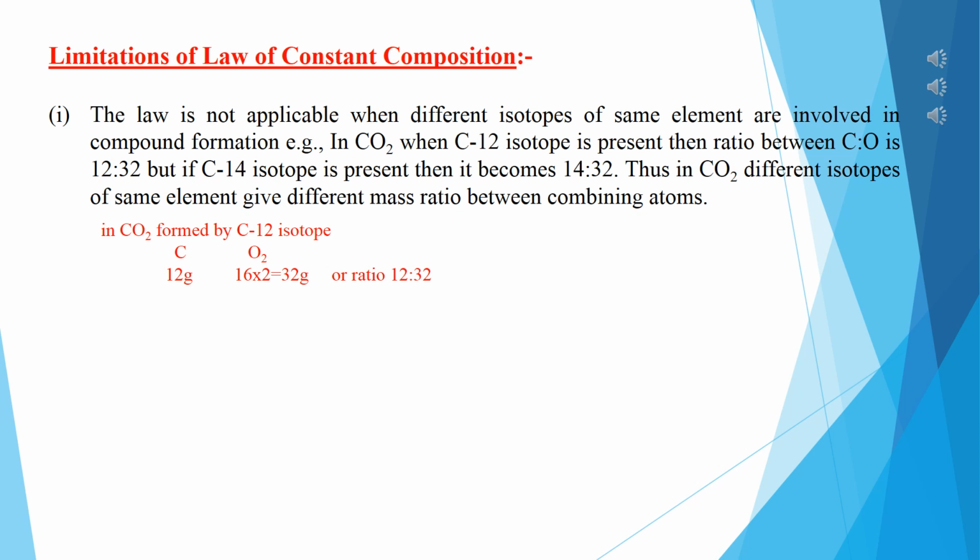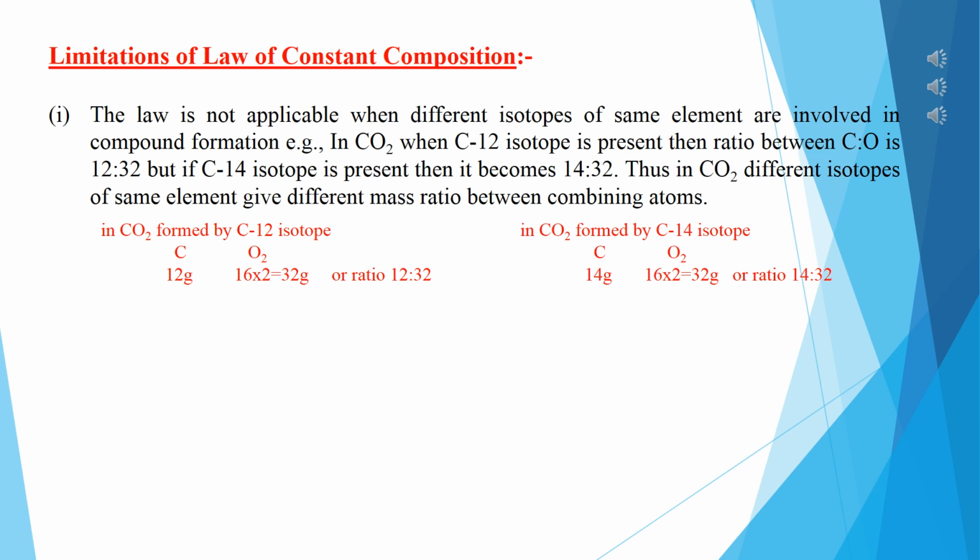In the other case, in carbon dioxide formed by the C-14 isotope, here the atomic weight of carbon is 14 gram because of the C-14 isotope, and the weight of oxygen is 32 gram, and the ratio comes out to be 14:32. So in both the cases, the compound is the same, that is carbon dioxide, but the ratios come out to be different. So this is against the law of constant composition.